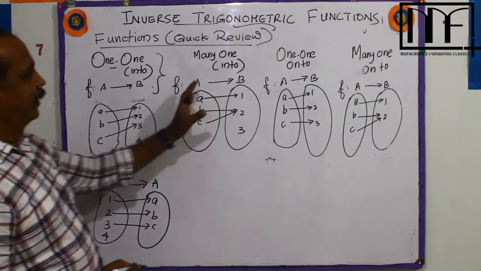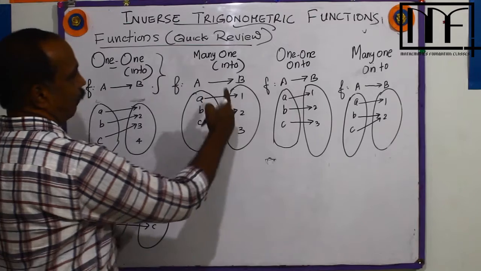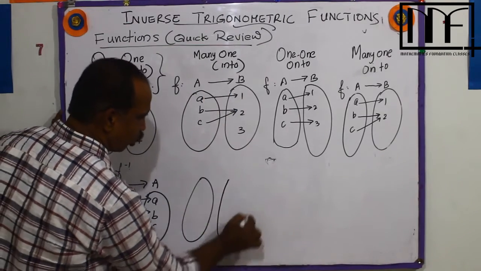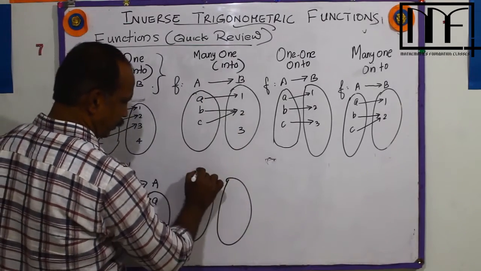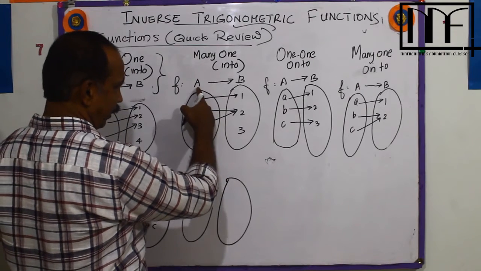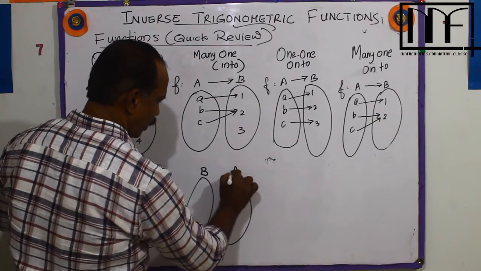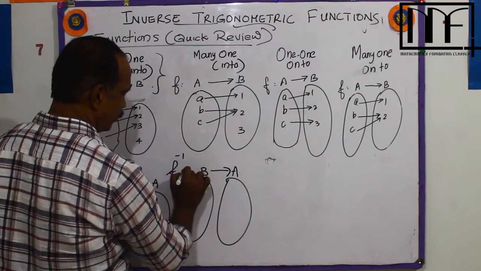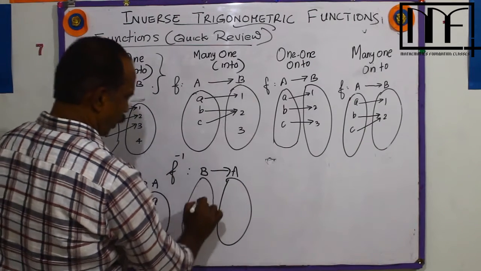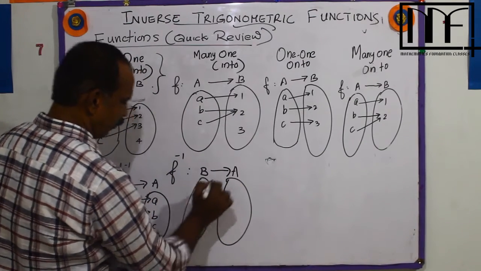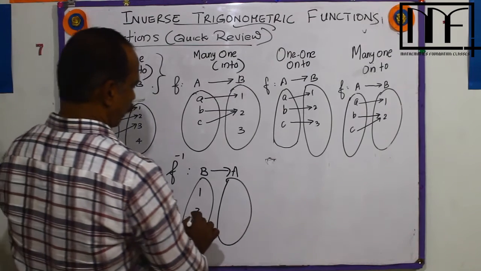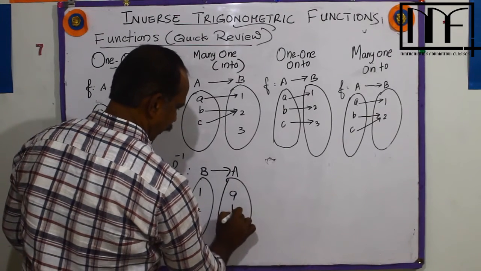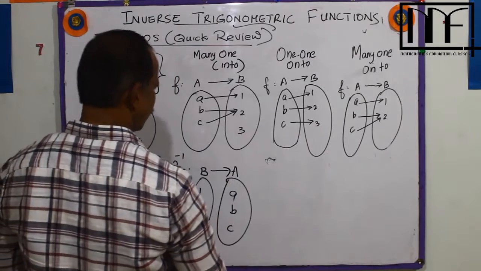Now look at the second example here. In the same way, if you switch the domain and codomain, B comes here as the domain, and A, the domain, will come to the codomain. So F inverse is from B to A: 1, 2, 3, the elements of the codomain, now become elements of the domain, and the elements A, B, C are the elements of the range.